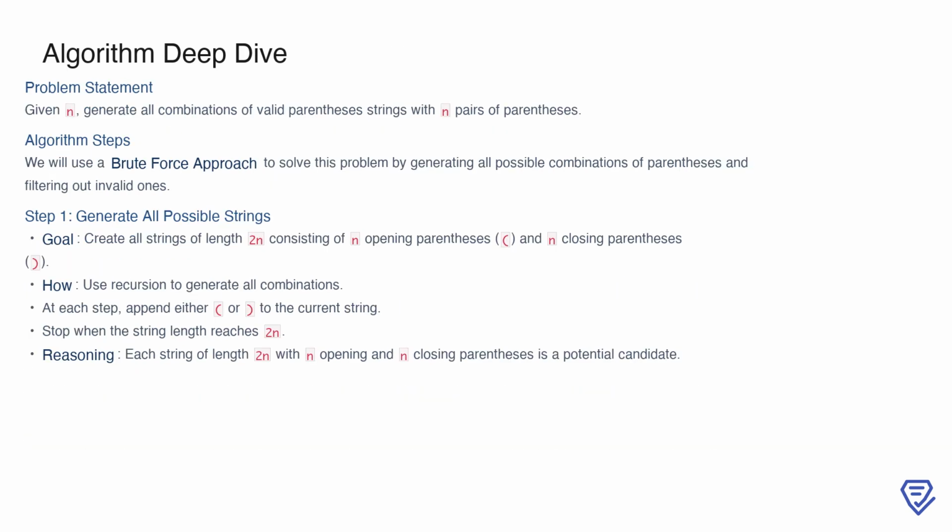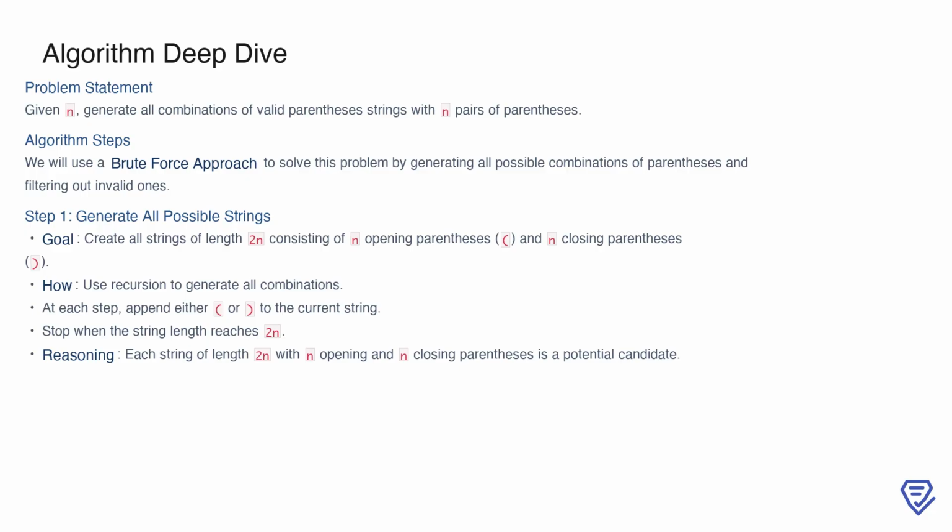To solve the problem of generating all combinations of valid parentheses for a given number of pairs, n, we can break the task into clear steps. First, we start with a brute force approach. The idea is to generate all possible strings of length 2n that consist of exactly n opening parentheses and n closing parentheses. To achieve this, we use recursion. At each recursive step, we either append an opening parenthesis or a closing parenthesis to the current string.